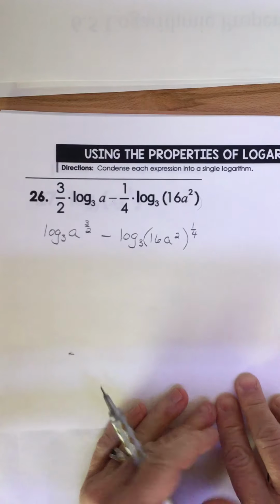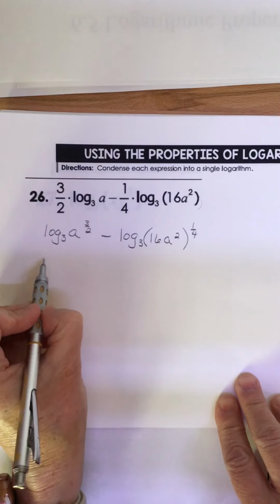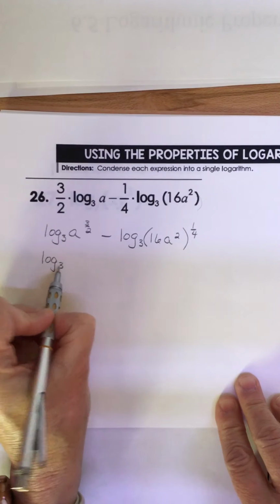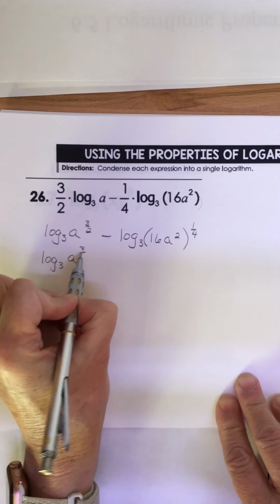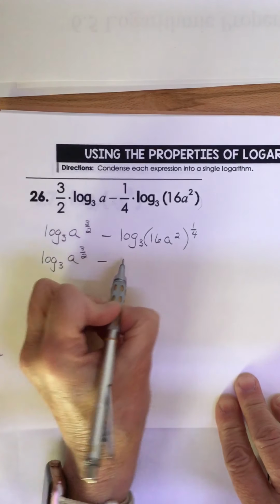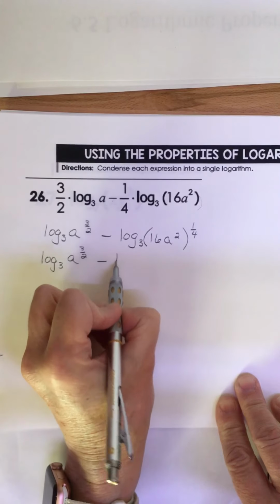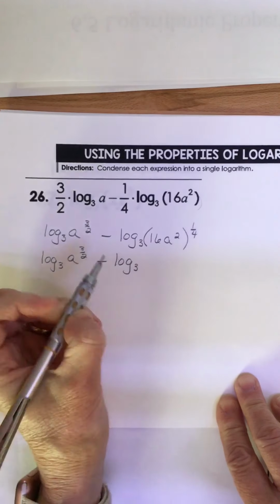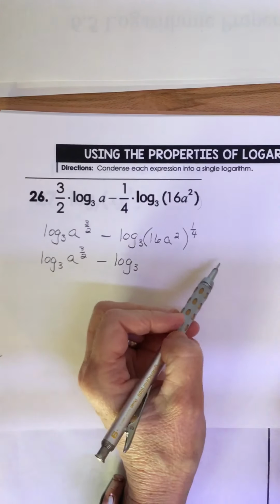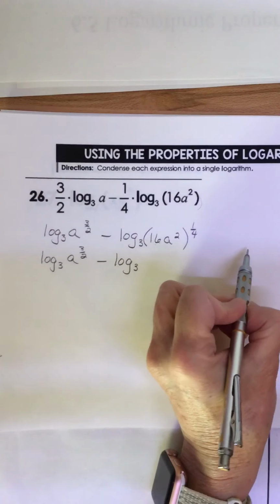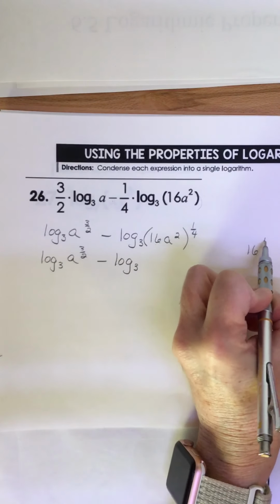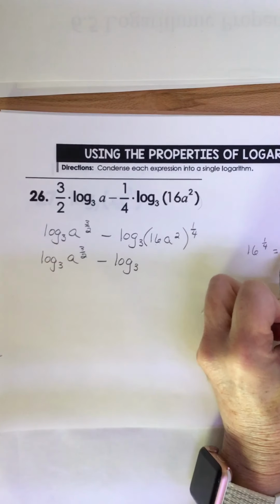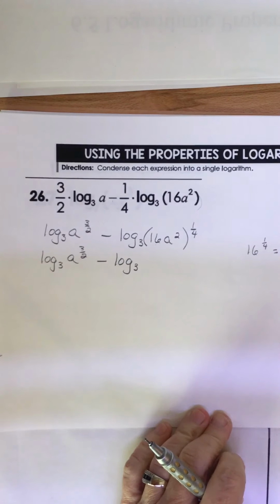All right, so now we would have log base 3 of a to the 3 over 2 power minus log base 3, and then on this one I believe that's 16 to the 1/4 power equals 2.